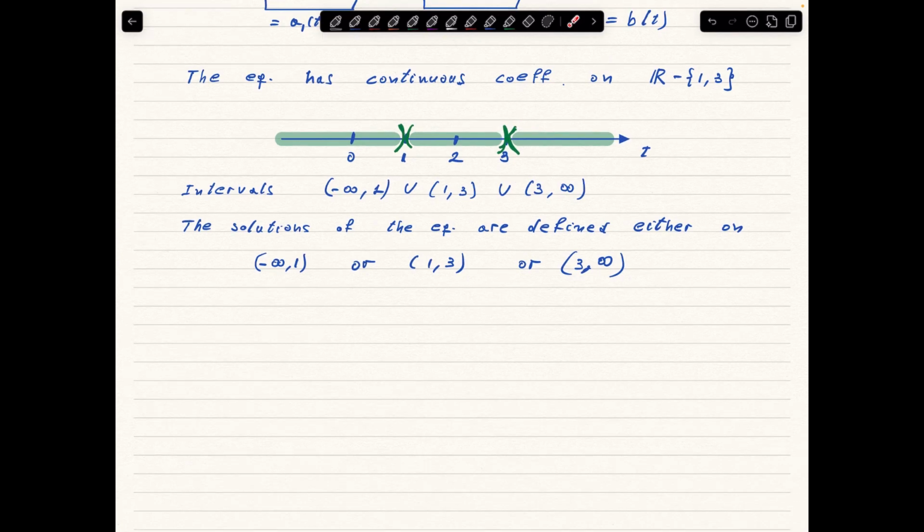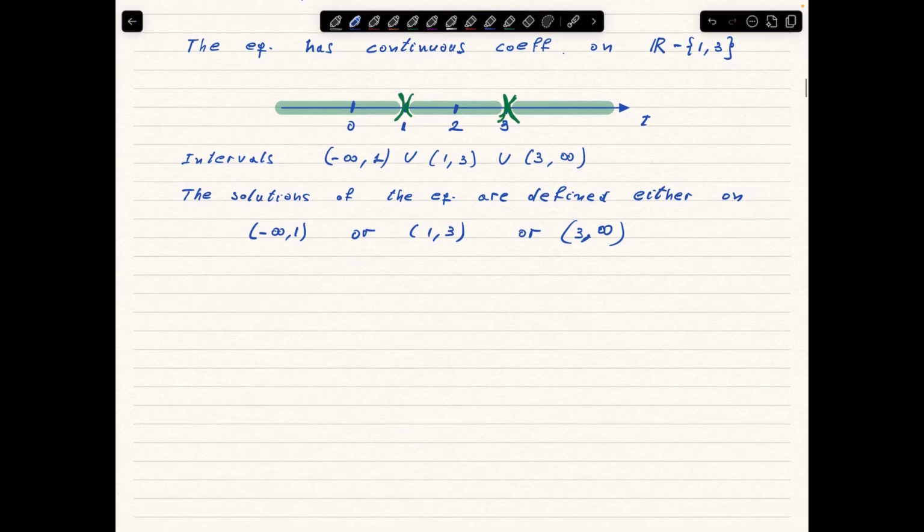So to know in which of these intervals the solution is for sure going to exist, we need to go to the initial condition, as we mentioned before. The initial condition is at t0 equal 2, and that means that this is in the interval 1 to 3.